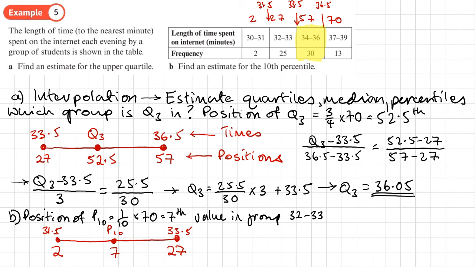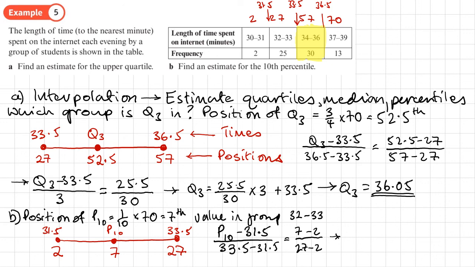So now we're ready to write our equation. So we're going to do very similar to what we did before. So P10 minus 31.5, that gap, divided by the width of the whole gap, the class width, 33.5 minus 31.5, is equal to the gap from 7 to 2 over the whole gap, which is 27 minus 2.